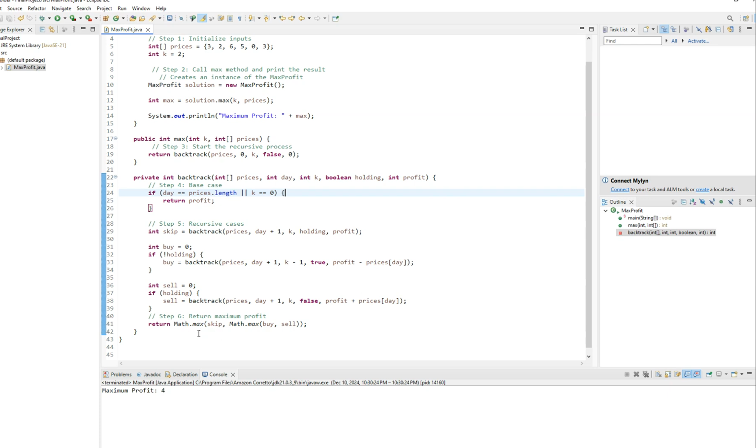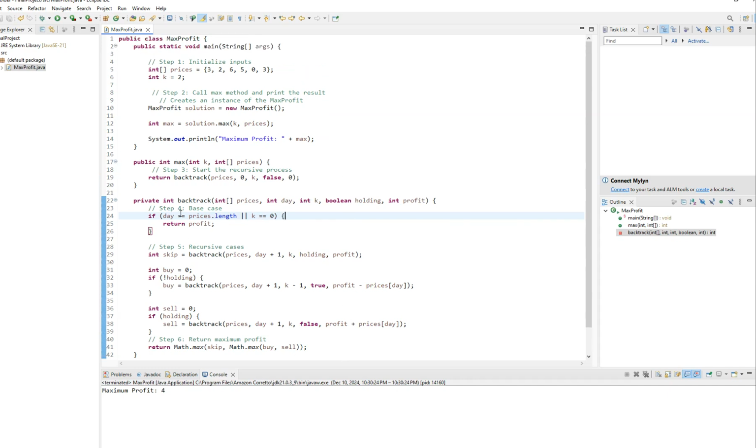We call the max function from math, and we pass the skip, buy, or sell results that are returned by the backtrack function, and this is returned through calling the max function here.